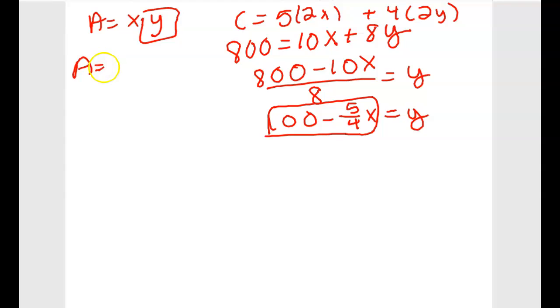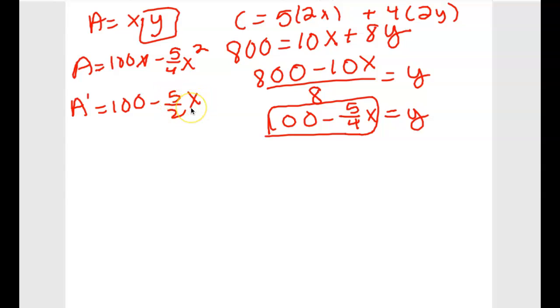So area equals 100x minus 5/4 x squared. And then we're deriving that: 100 minus 10/4 x, which is also 5 halves. Solve for x.